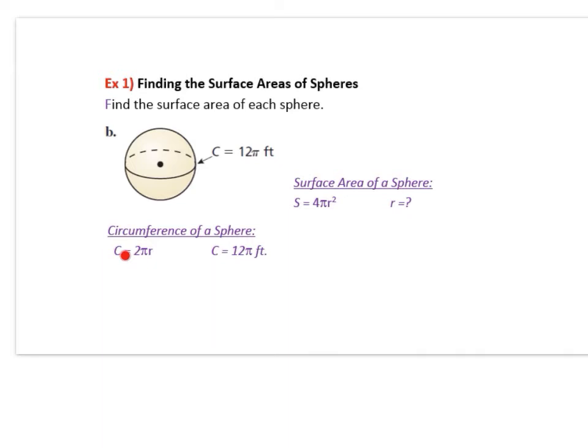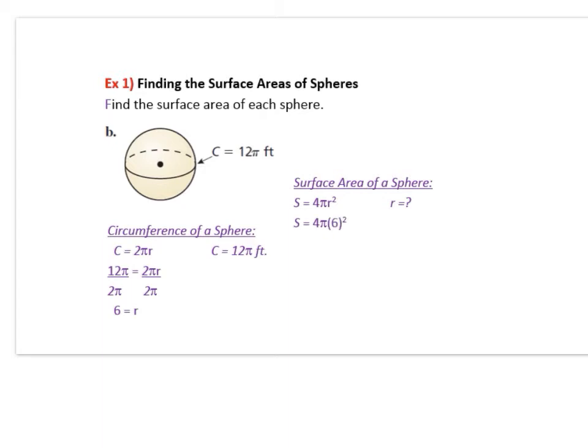We know circumference of a sphere is the same as the circumference of a circle, so C equals 2 pi r. We're told that the circumference is 12 pi. So we substitute 12 pi for capital C, so we get 12 pi equals 2 pi r. Next, we divide by 2 pi on both sides, resulting in a radius value of 6.